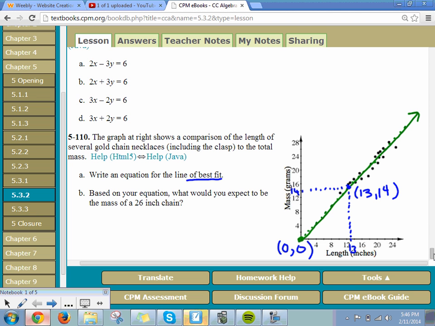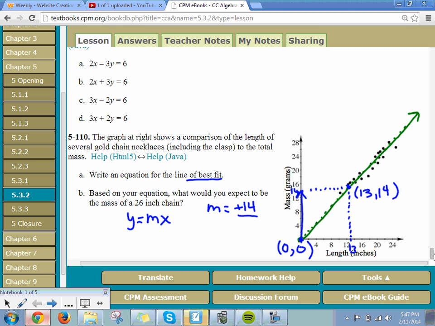And then I'm going to use the point 0, 0. So we know that our equation for a line of best fit, if it goes to the point 0, 0, has its intercept at 0. So y is just going to be equal to our slope times x. And we know the slope is our change in y over our change in x.